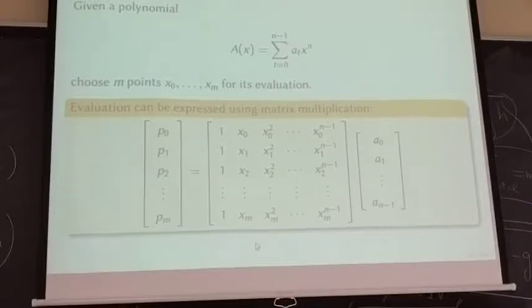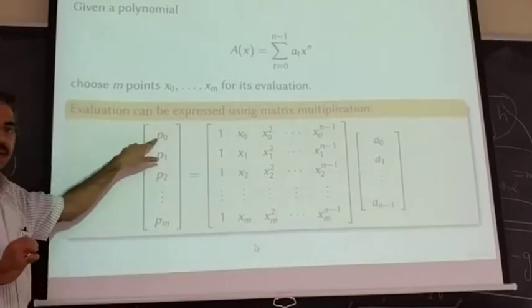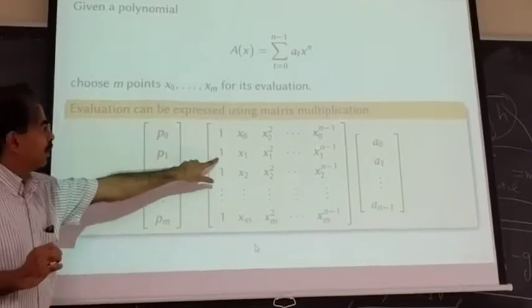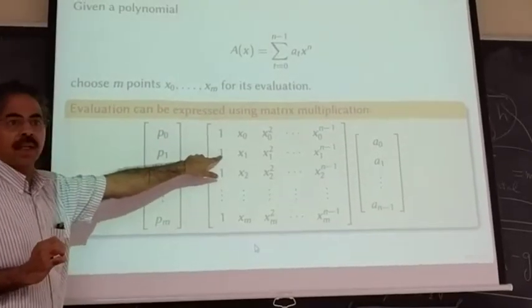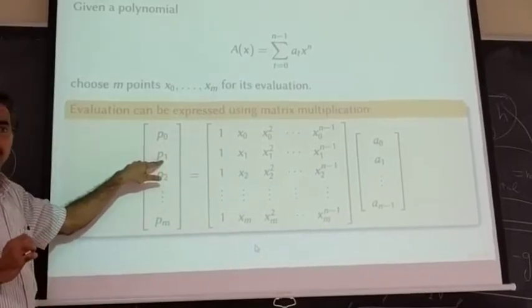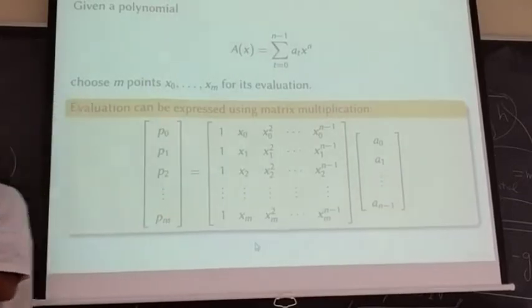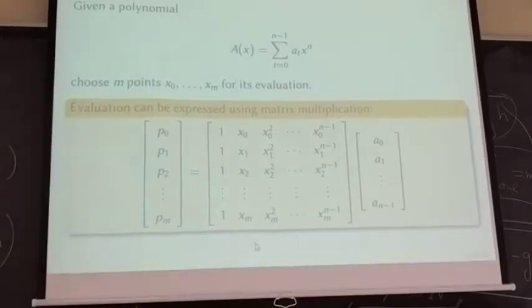So this value, the value of the polynomial at x0, we are going to call it p0. Similarly, this row evaluates the polynomial at the point x1, and the result we are going to call p1, right? And so on. So we can write it as a matrix, and you'll see in the next slide why that helps, okay?